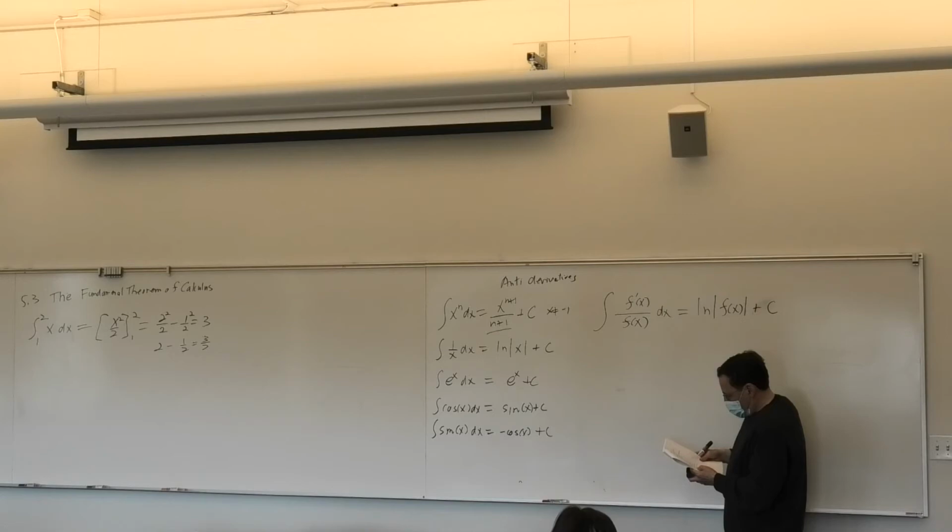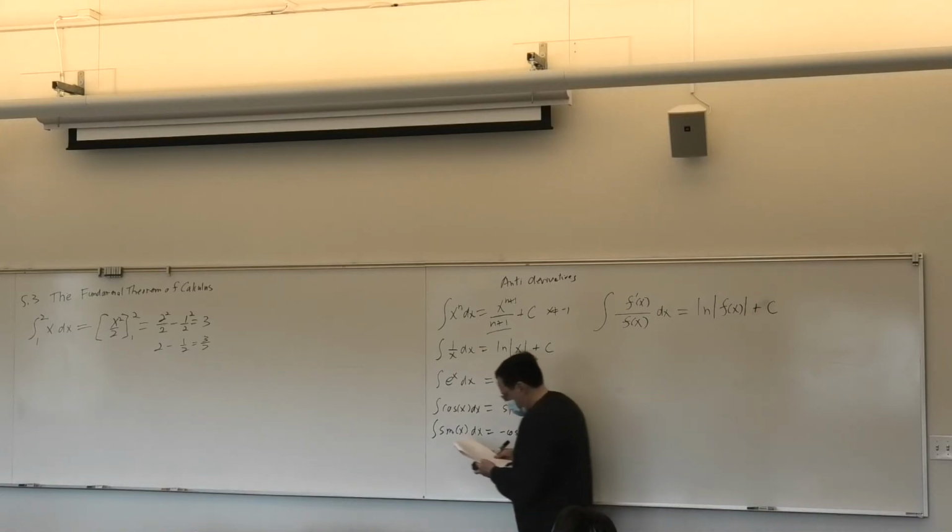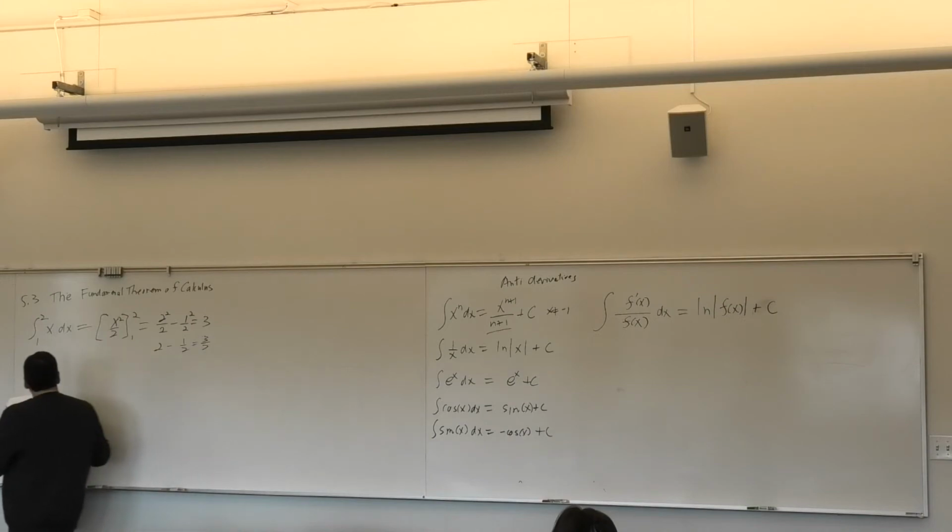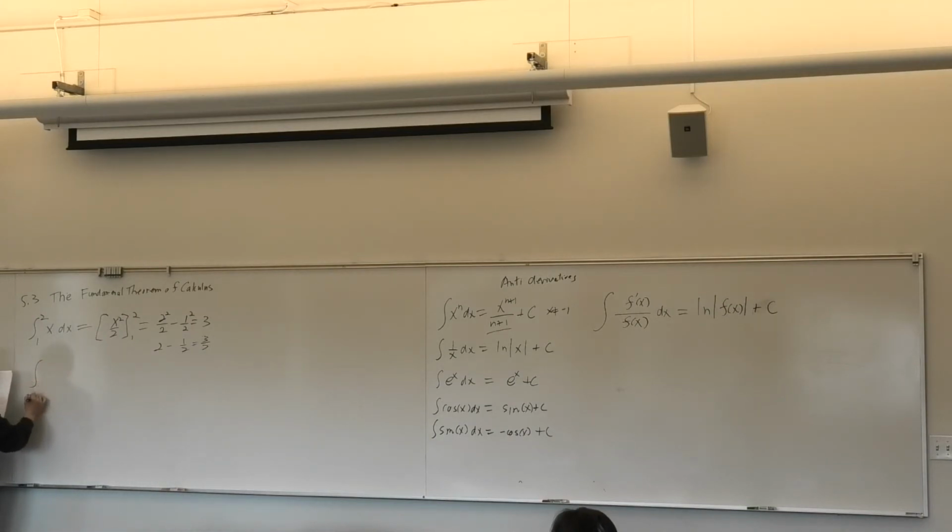So let's take a look at an example of where that would come in handy. I wanted to evaluate the antiderivative of 2x plus 1 over x squared plus x plus 4. How can I figure that out? Well, if I happen to notice that the derivative of x squared plus x plus 4 is just 2x plus 1, then you can see I'm using that pattern here.